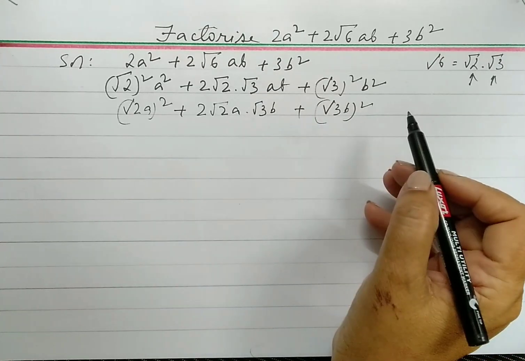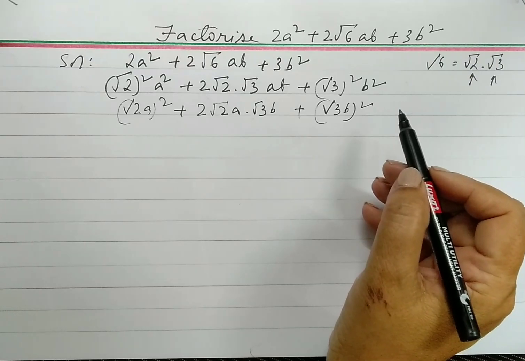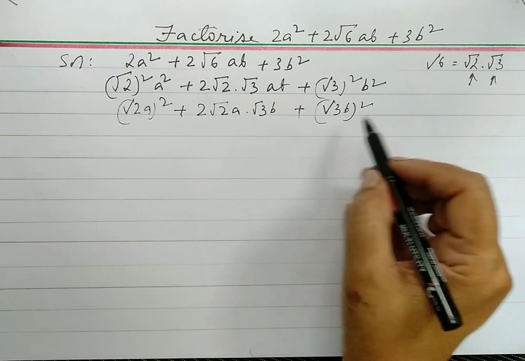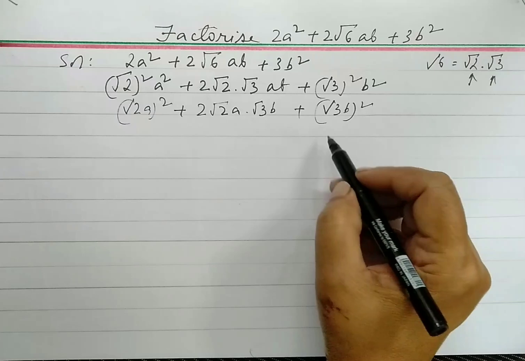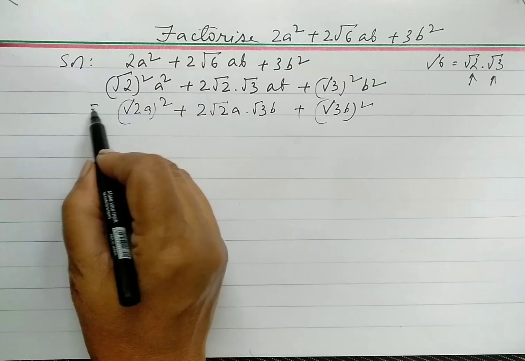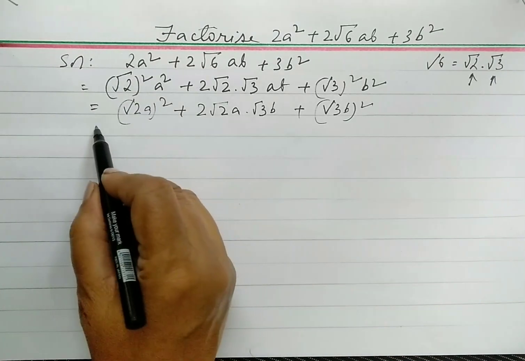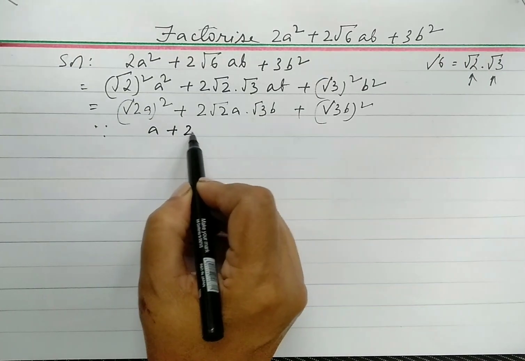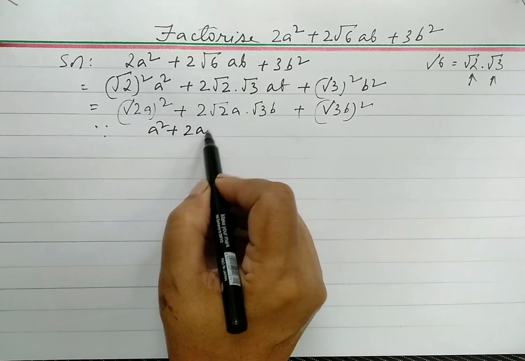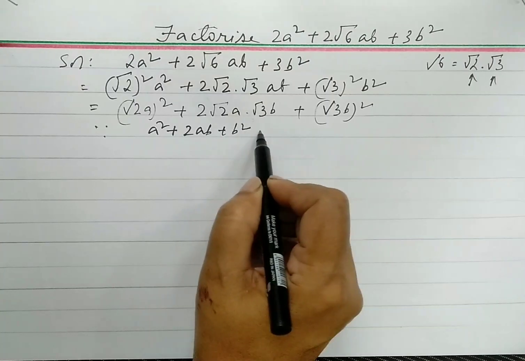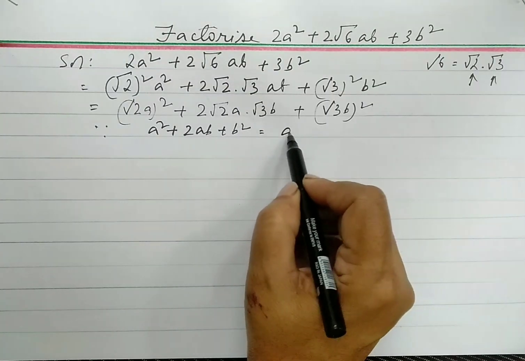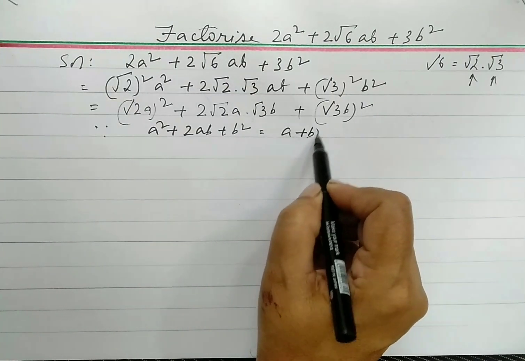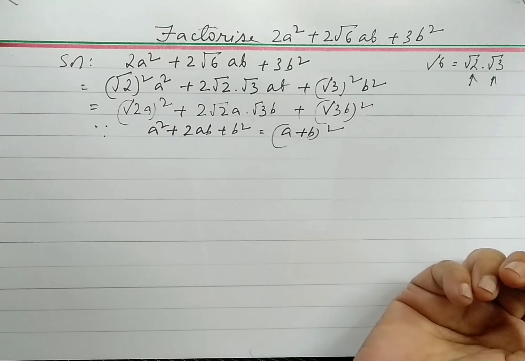Now does this remind you of any identity? I'm sure it does. How? Because a² + 2ab + b² equals (a + b)², isn't it?